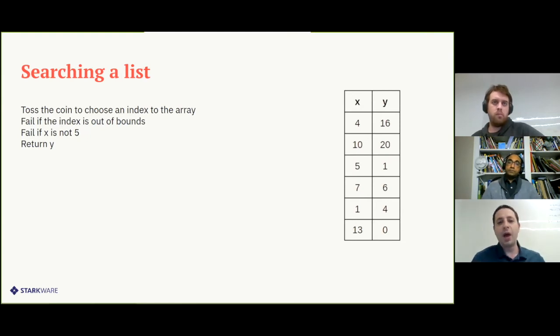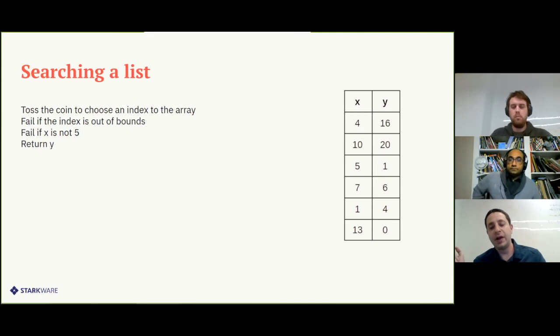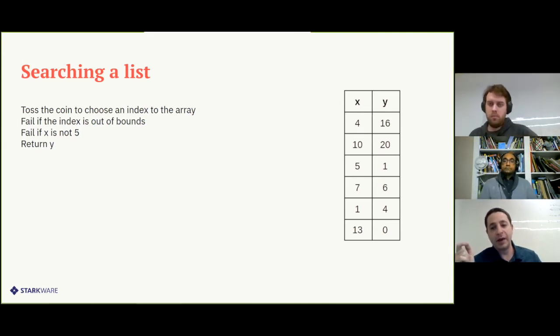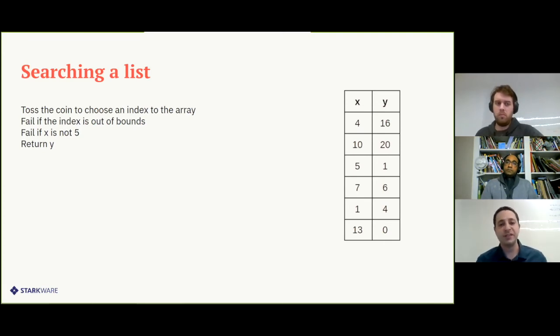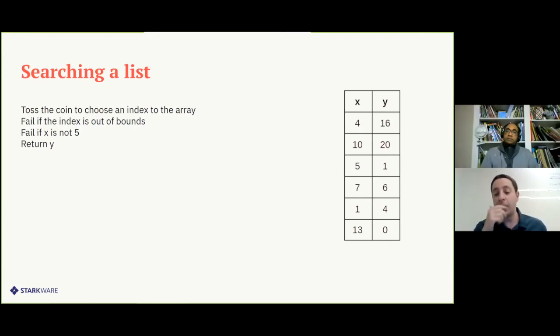Cool. I want to show you now that non-deterministic programming is, let's say, less intuitive than normal programming. For this, I'll slightly change the problem. Instead of returning the corresponding y if x is 5 and failing if there is no entry in which x is 5, I want the algorithm to return 0 if there is no such entry.